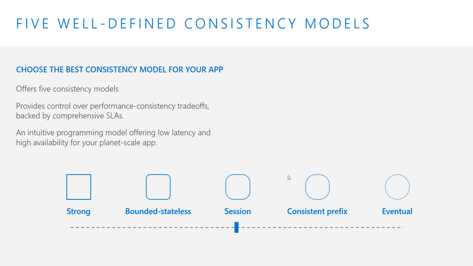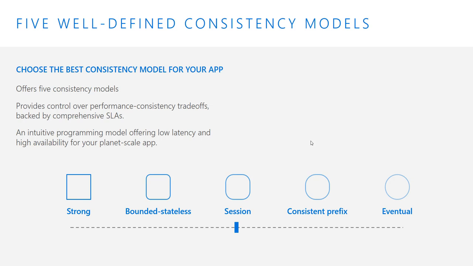By that I mean, if somebody has written A, B, C and D, you will get on the other end in the same sequence A, B, C, D. You will not get D before A. And this kind of consistency model will be used if you have a chat application where you will never see the answer to a question before the question. So that's where you want to use the consistent prefix.